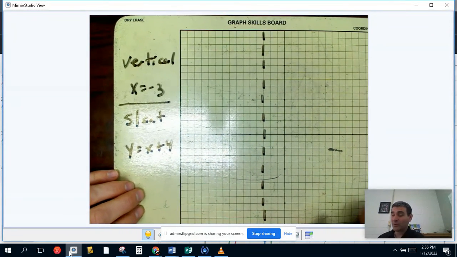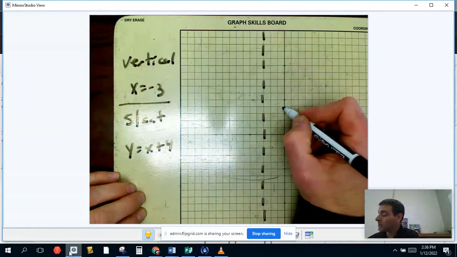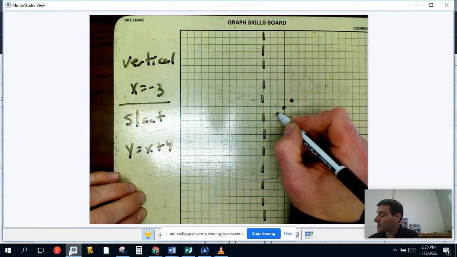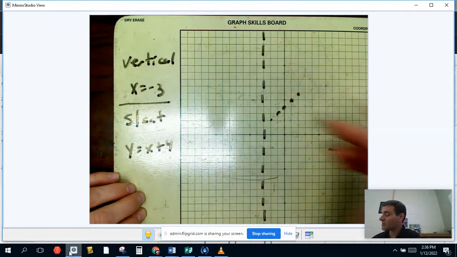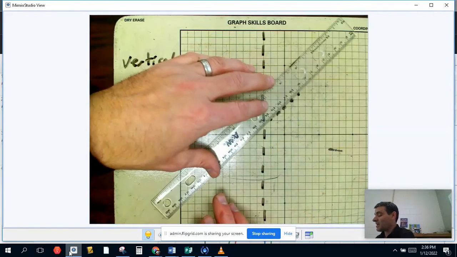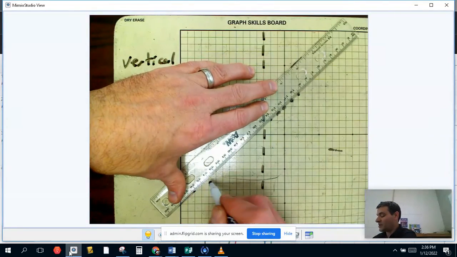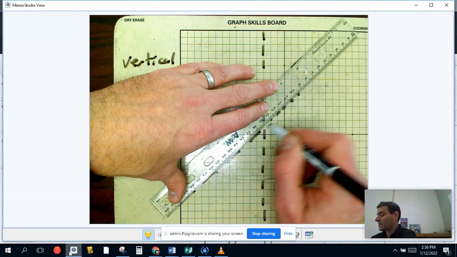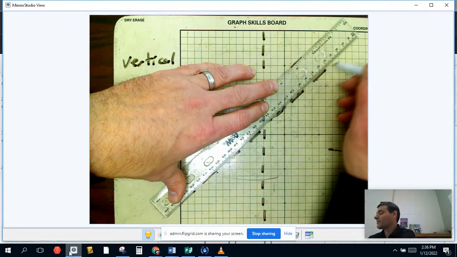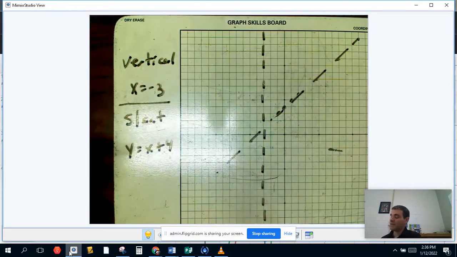There's x equals -3. Up 4 and then up 1 over 1. And this is a much less steep line. So hopefully it'll make for an easier or nicer looking picture. Okay, so we have this.